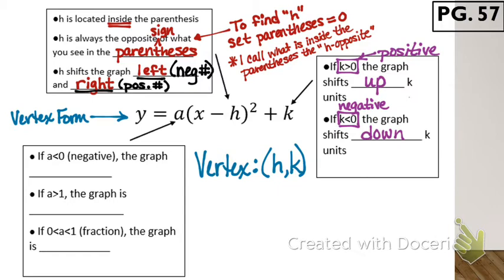My A value. If A is a negative number, if it is smaller than 0, then my graph opens down.